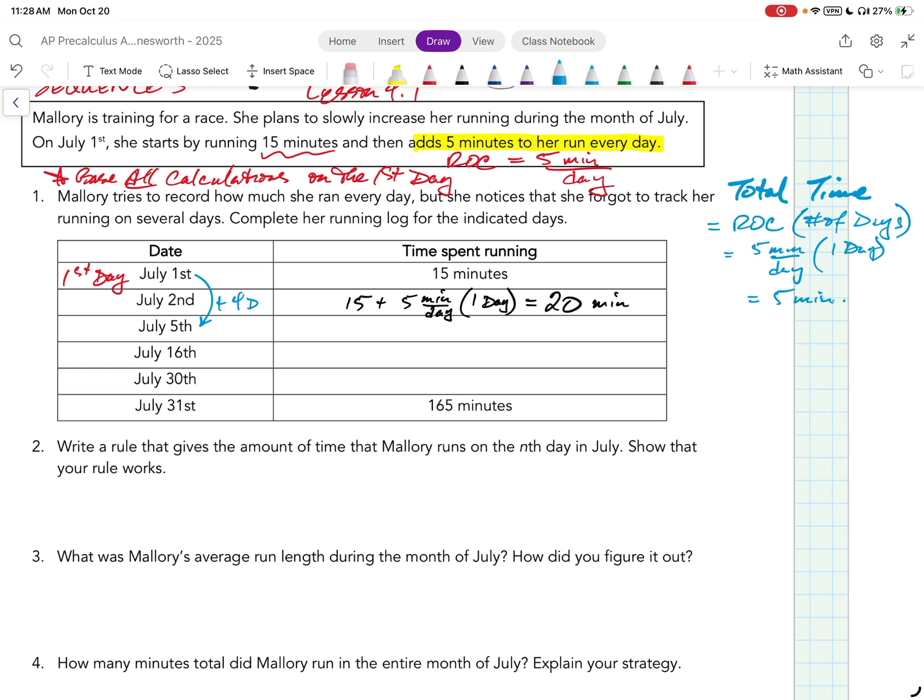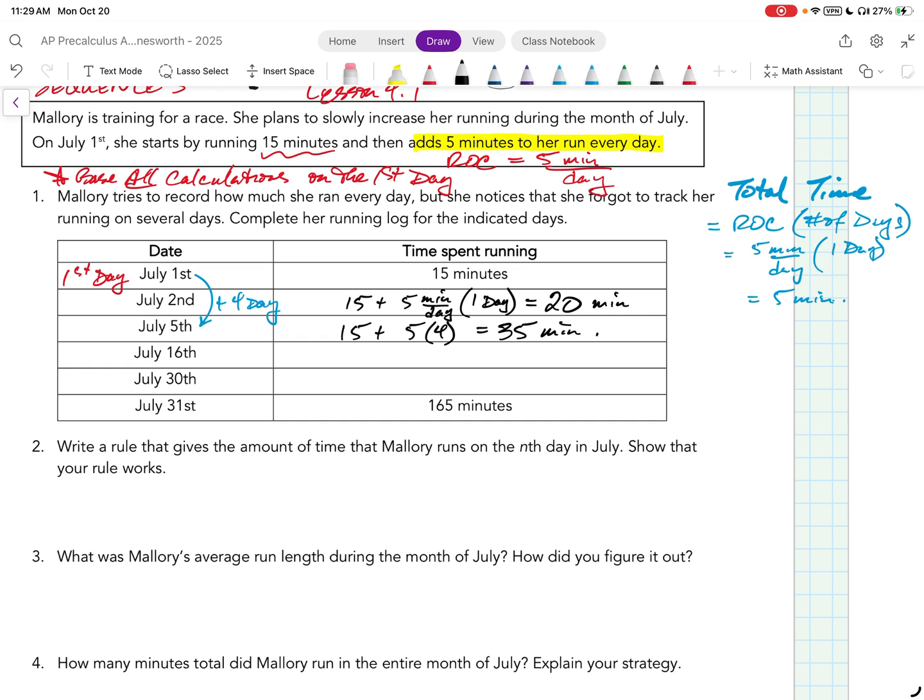Because of that, we can calculate the total time as follows. We take the initial time on the first day, 15 minutes, and going from the 1st to the 5th, that's 4 days' worth of increase, so 5 minutes per day times 4 days is 20, plus the original 15, and now we're up to 35 minutes total.